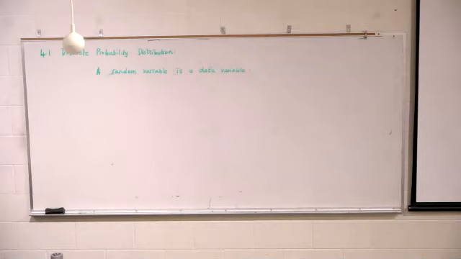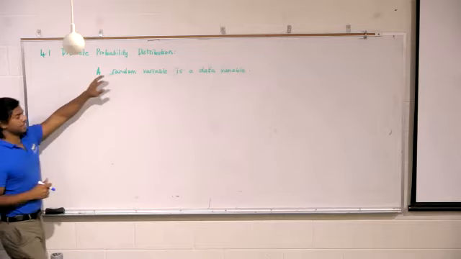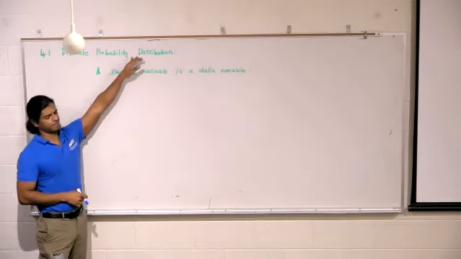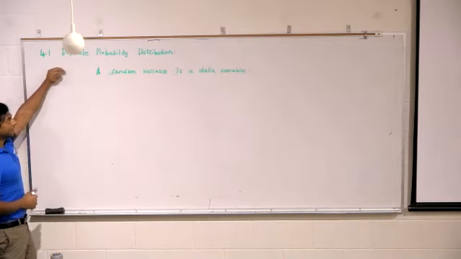But a distribution is something that we create for a random variable. So we've mentioned these words before: distribution, discrete.